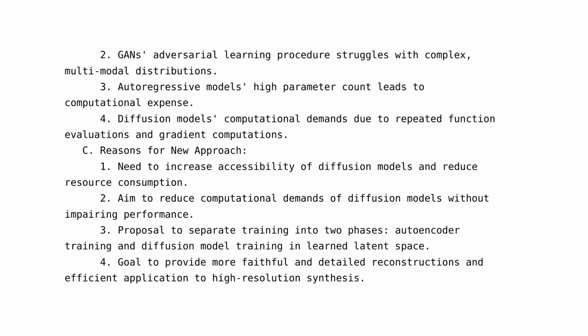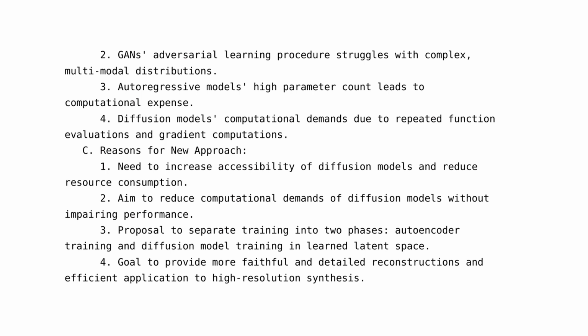Autoregressive models, while capable of modeling highly complex distributions, involve billions of parameters, making them computationally expensive. Existing diffusion models are computationally demanding, requiring repeated function evaluations and gradient computations in the high-dimensional space of RGB images. This leads to superfluous computations and unnecessarily expensive optimization and inference.